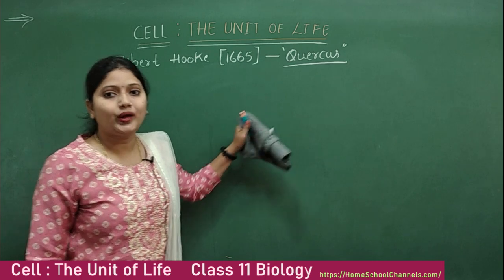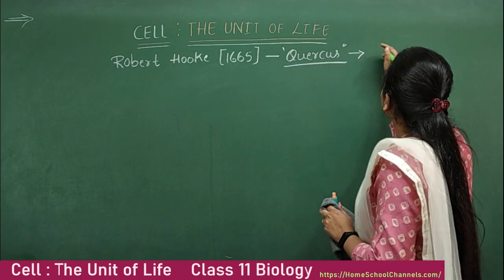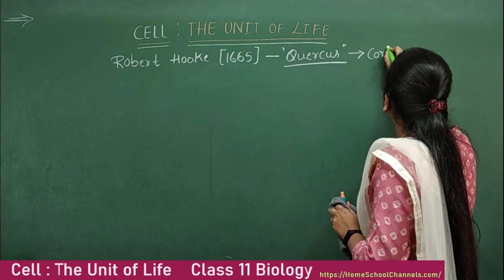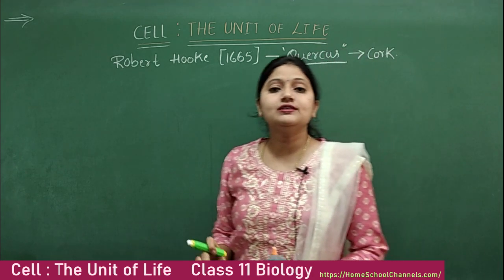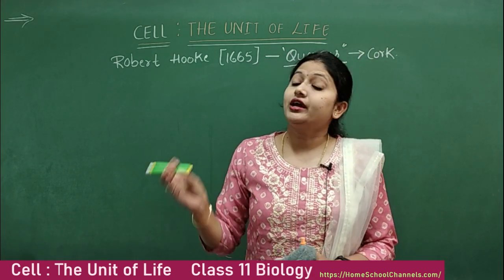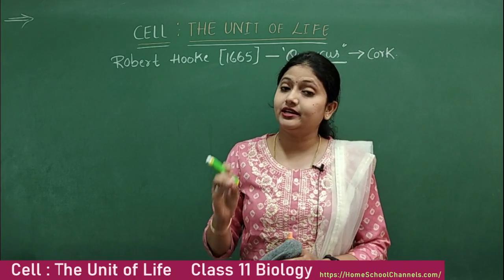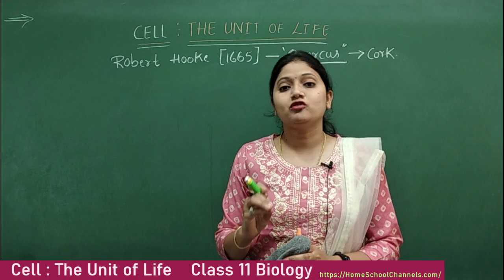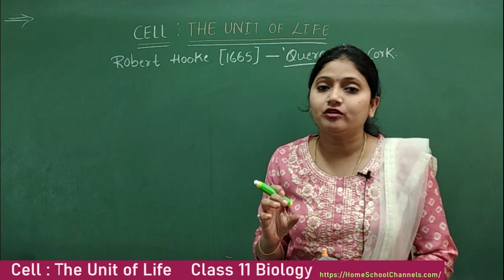So remember, Quercus plant, and in which part of the Quercus? It was cork. Alright. So Robert Hooke, when he was studying the cork of the Quercus plant, we have already seen the morphology and anatomy of the plant, and from those chapters we already know what a cork is. Cork is a dead part of the plant.